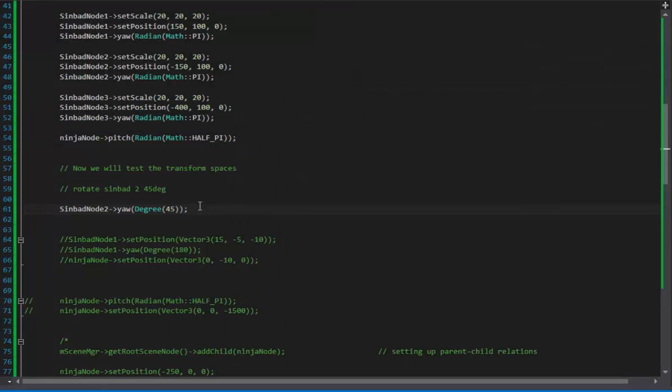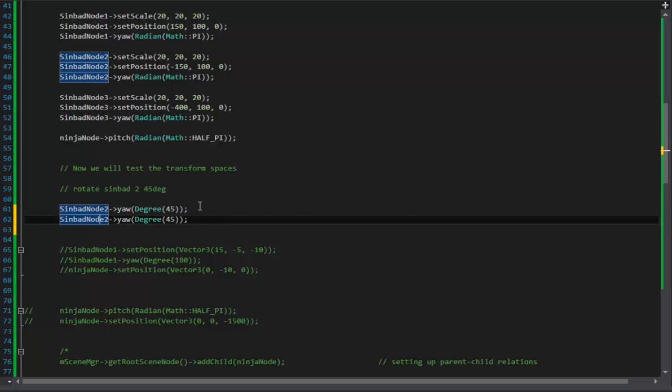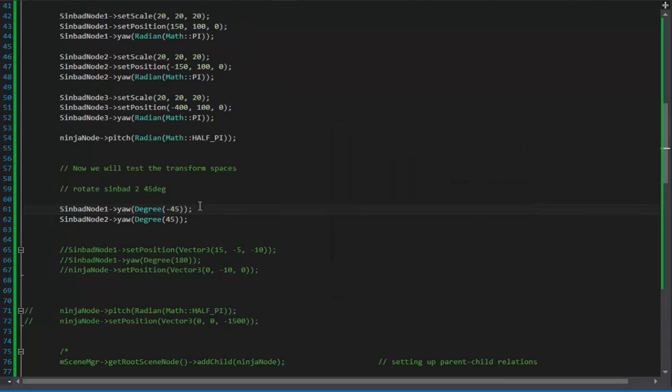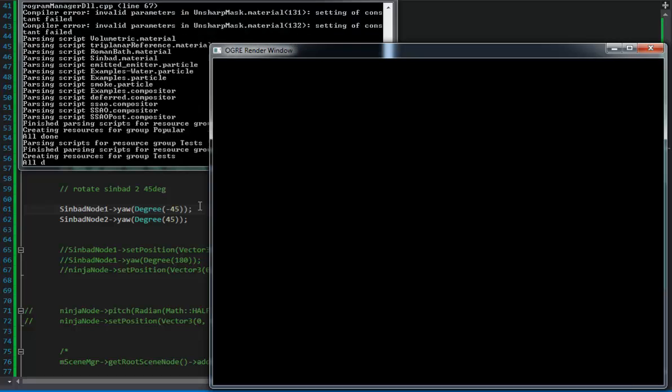We're going to make Sinbad node 1, which is the one to the right of the ninja, negative 45 degrees, so it's going to look the other way around. And then I'm going to have Sinbad node 3 look straight up. Fantastic.